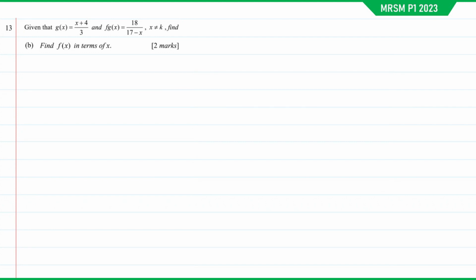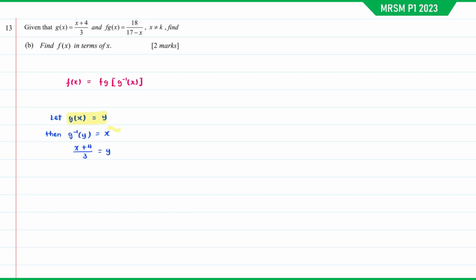Question B. Find f(x) in terms of x. In this case, to find the function f(x), we are going to input the inverse of g into the composite function fg. So first, let us find the inverse function of g. First, we let the function g(x) equal to y. So (x + 4) over 3 equal to y.